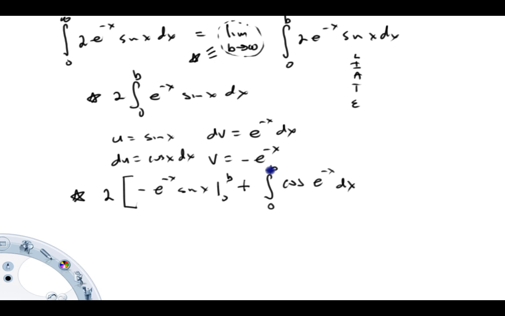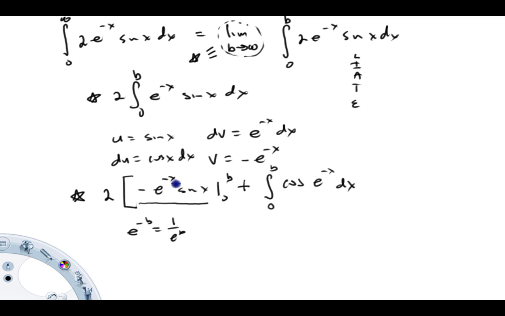All right. So now, let's take a look at this part right here for a moment. e to the minus b is 1 over e to the b. And don't forget there's that star operator in front of it, which means limit as b goes to infinity. When we take the limit as b goes to infinity of this expression, we get a 0 out of it.